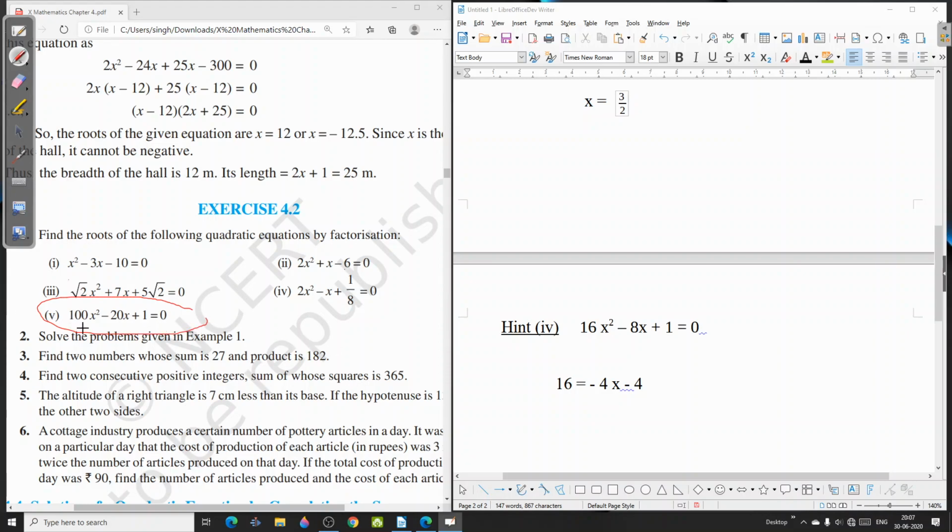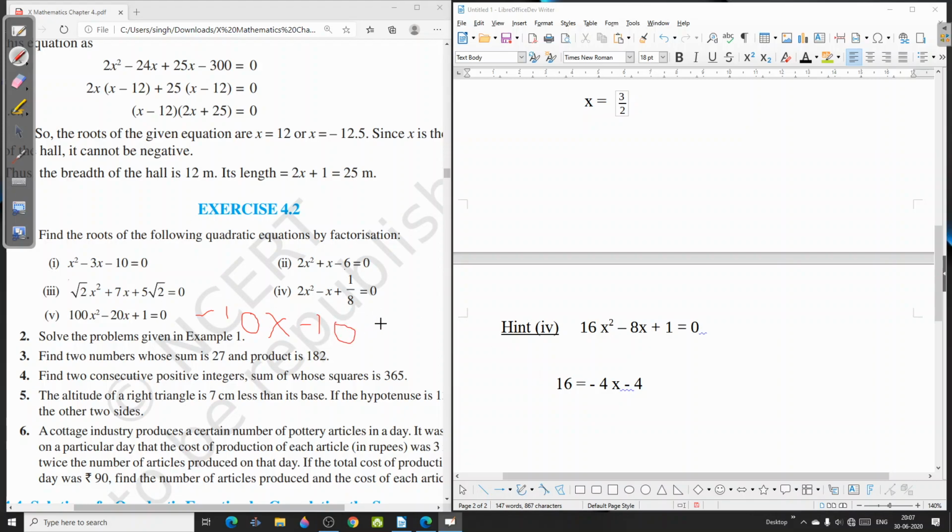So, if you multiply 100 and 1, that is a and c, we will get 100. And also here, as I told you, the middle term is minus 20x, and the coefficient of x in that is negative. So, you will take the factors of 100 both as negative, and we can write 100 as minus 10 into minus 10.